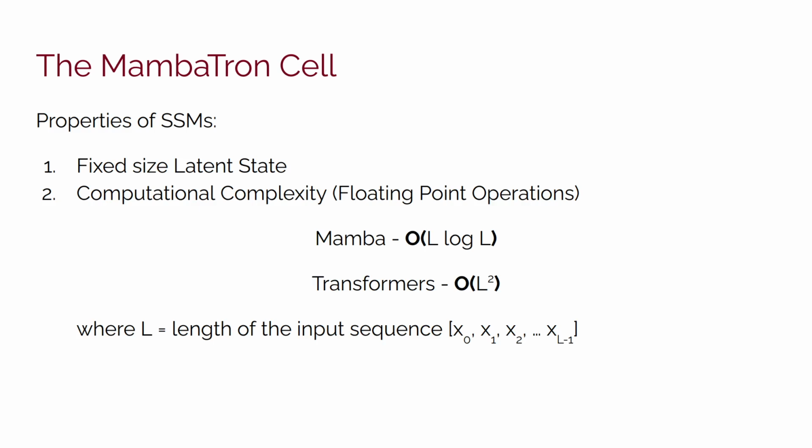Mamba has basically O of L log L operations. In certain tasks, it can go down to O of L even, where L is the length of the input sequence. Compare it to transformers, where it's O of L square, or block recurrent transformers, where it's O of LW.